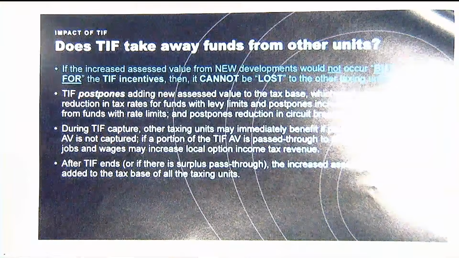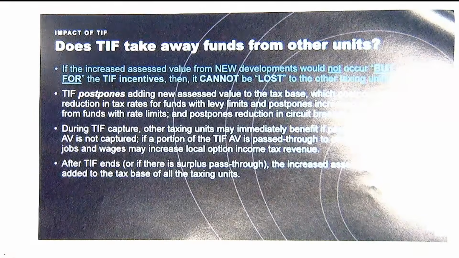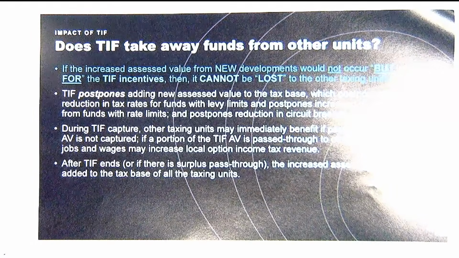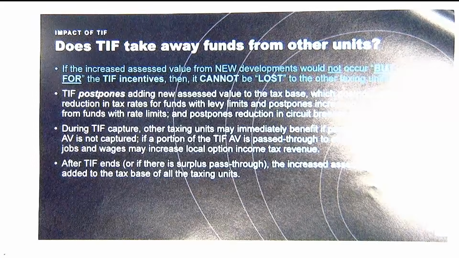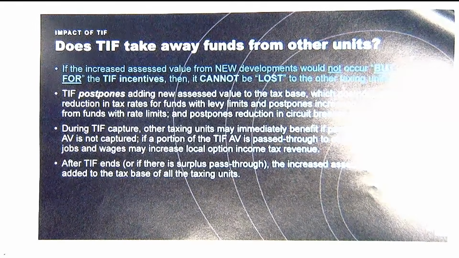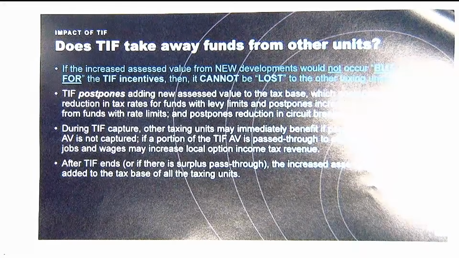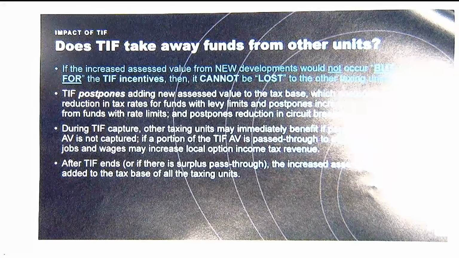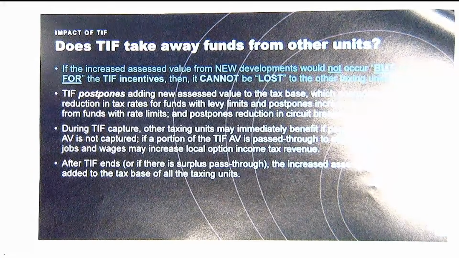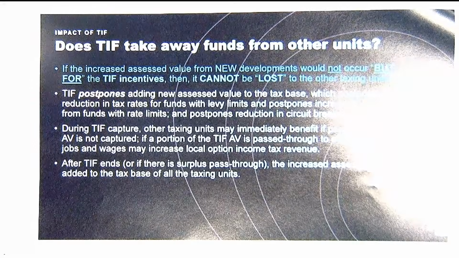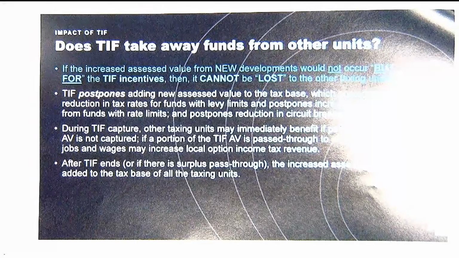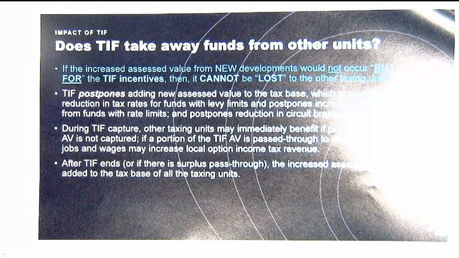I'm going to go into impact on overlapping taxing units from the TIF. One question that we do like to know is, does TIF take away from the other overlapping taxing units? When an allocation area is created, it has to pass this but-for test. Would this development happen but for the TIF allocation area being created?